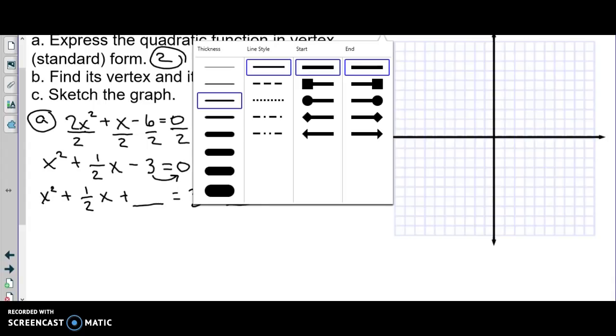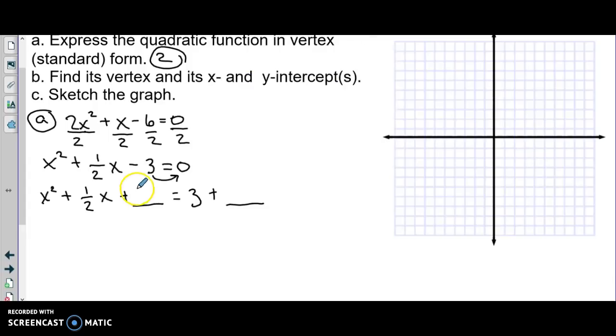Remember, you can find this open portion here by doing (b over 2) squared. That means my b value is a half, over 2, this whole entire quantity squared. So I do a lot of keep, change, flip here.